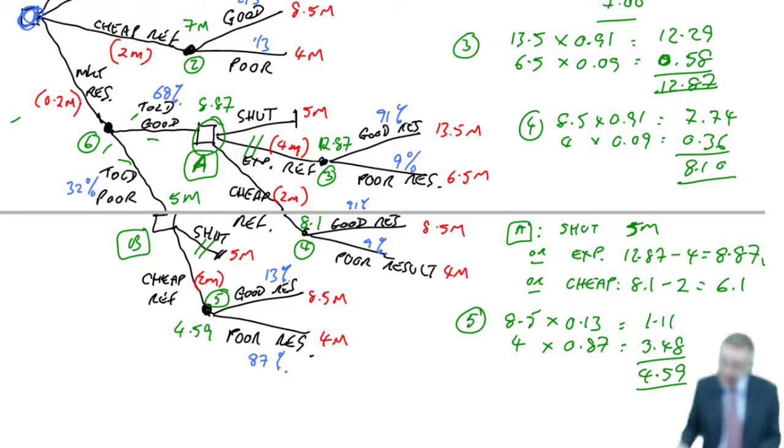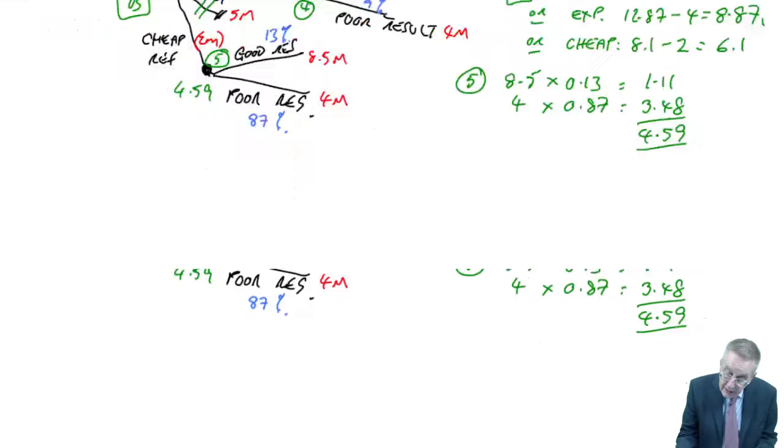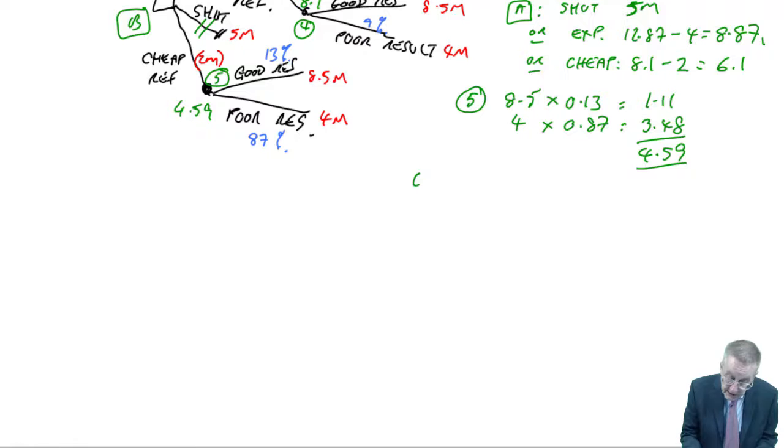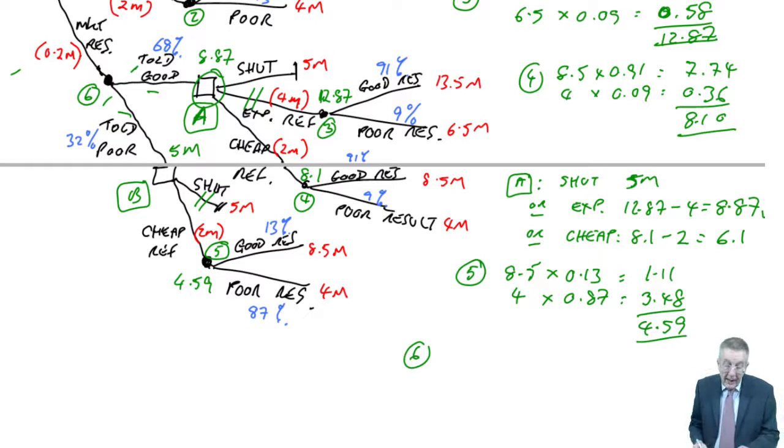If we do market research, at point 6, they either tell us it's good and we get 8.87, or they tell us it's poor and we'd be shutting, so we get 5. The probability they tell us it's good is 0.68, and that they tell us it's bad is 0.32.